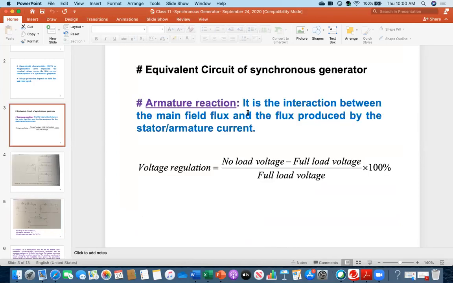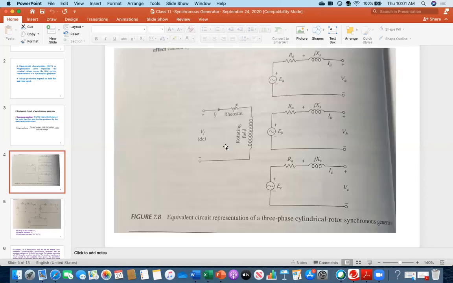That is actually called the armature reaction. Everybody see, I wrote down the definition: armature reaction is the interaction between the main field flux and the flux produced by the stator or armature current. So once again, armature reaction means interaction between the main field flux and the flux produced by the stator or armature current. Once the current is flowing, you get a flux, which is called the armature flux.